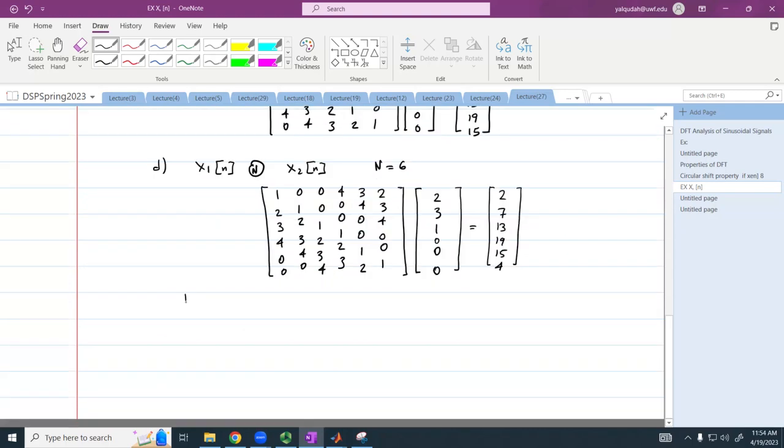So in this case, since n is equal to m1 plus m2 minus 1, the circular convolution is equal to the linear convolution.